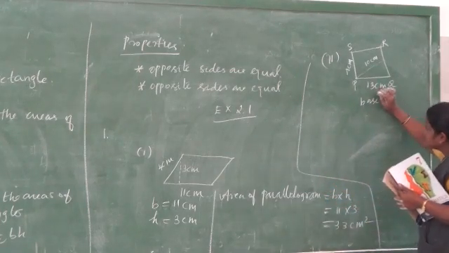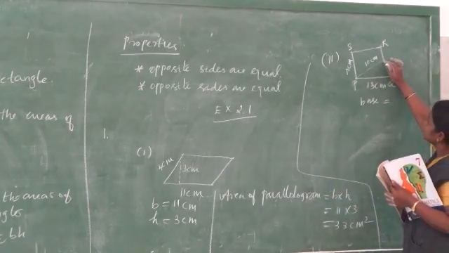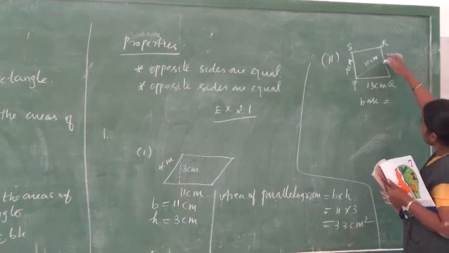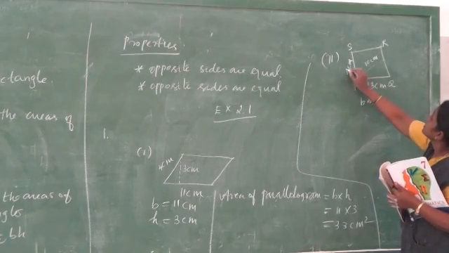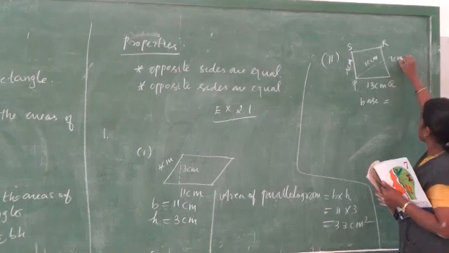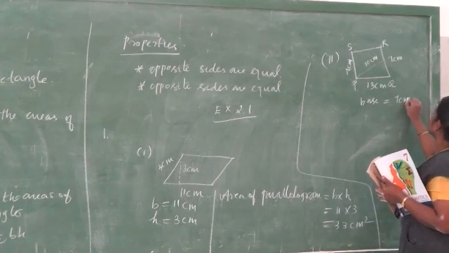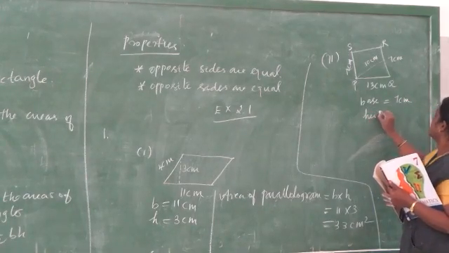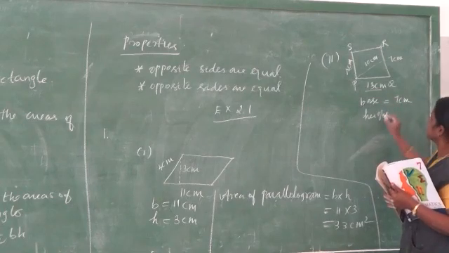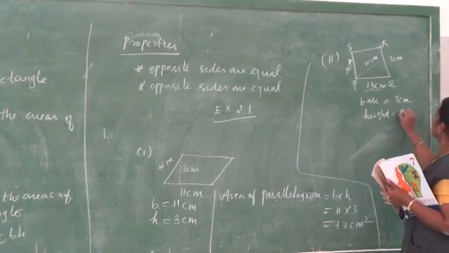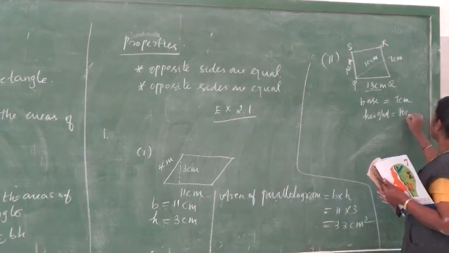Here 13 centimeter is another side because height is given to us 10 centimeter for this base. So 7 centimeter only parallel sides. So base equal to 7 centimeter, height equal to, we should not take 13 centimeter here. So height equal to 10 centimeter.